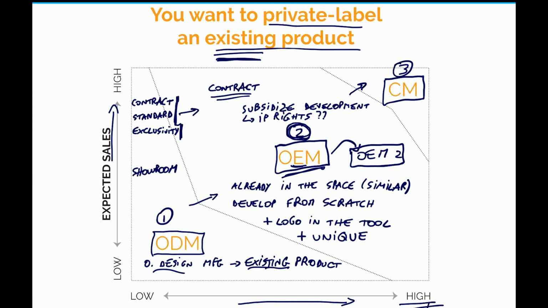So that's an overview here. ODM, OEM, CM. Again, in most cases, you start with an ODM. If you really hit the limits on this and your sales grow up and you think it's promising, you want to get out of that and go to an OEM. If one doesn't work, maybe you try another one.